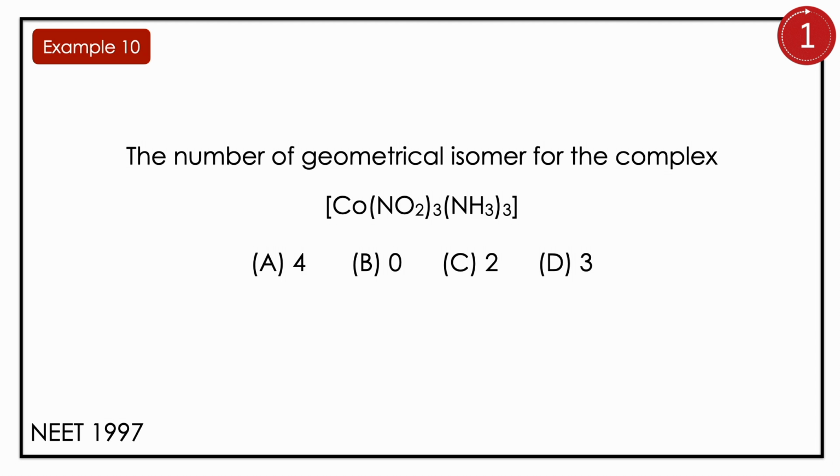Then the next question: number of geometrical isomers for the complex Co with NO2 3 times and NH3 3 times. The choices are A 4, B 0, C 2, D 3. You should find the possible geometrical isomers.